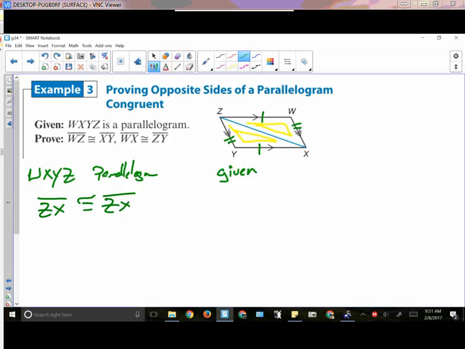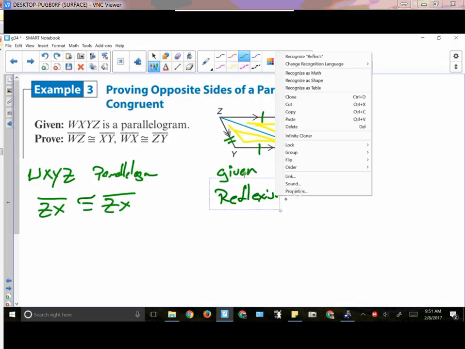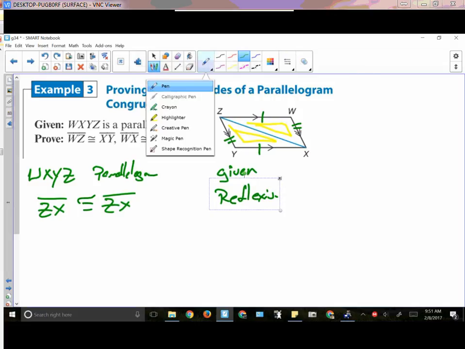Is that legal? Reflexive. Okay? Reflexive property. And you're going, well, why in the world would I want to say that? Is ZX on two different triangles?